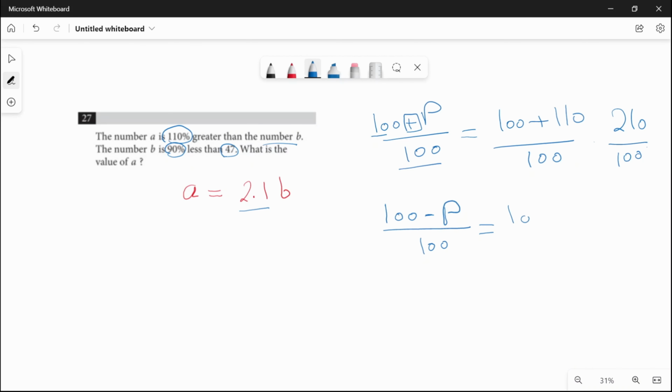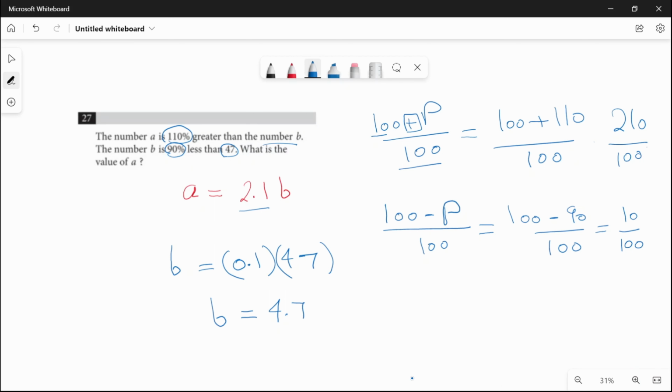So we will have 100 minus 90 over 100, which is equal to 10 over 100. So the value of B is equal to 0.1 multiply 47. 0.1 multiply 47 is equal to 4.7. So B is equal to 4.7.